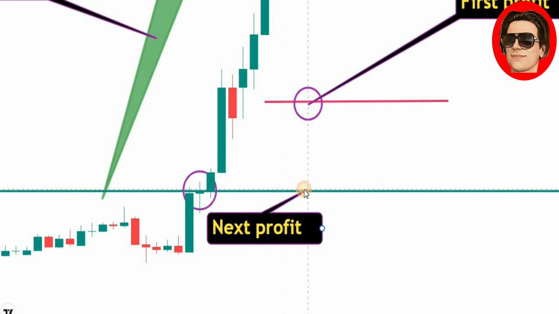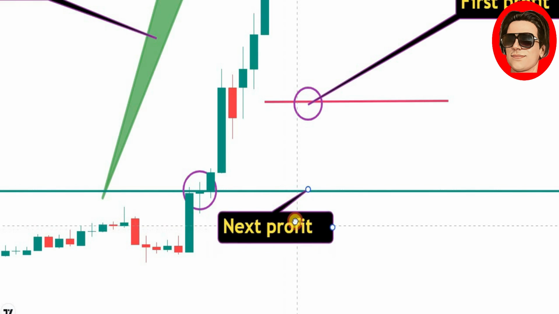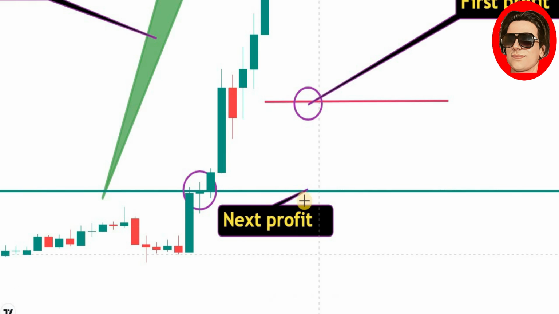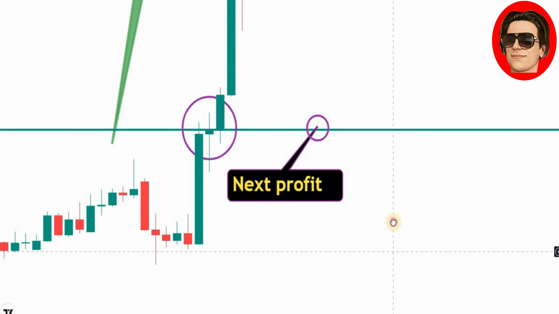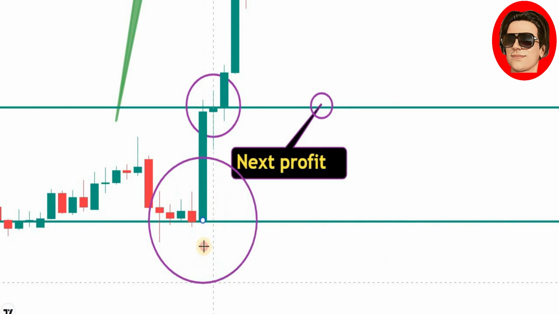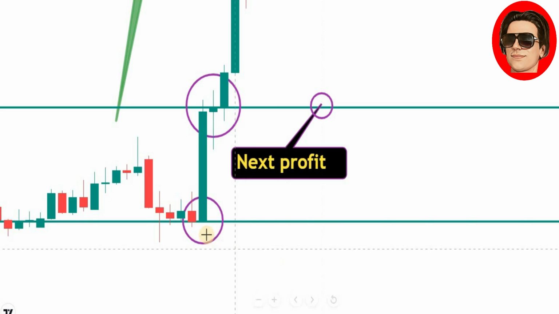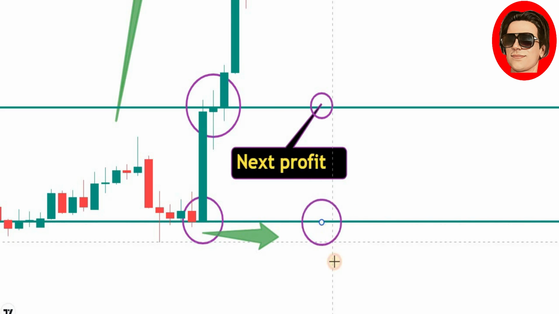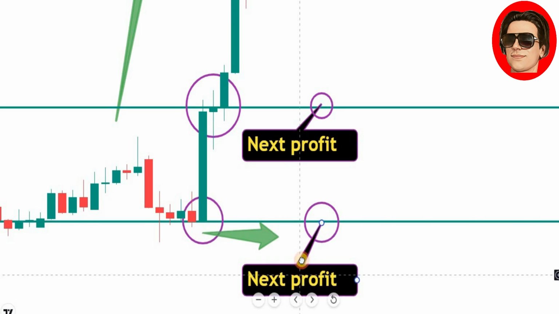Second profit, this point. This is 2 profit and local support. This point. Near support is the best profit, it is 3 profit.